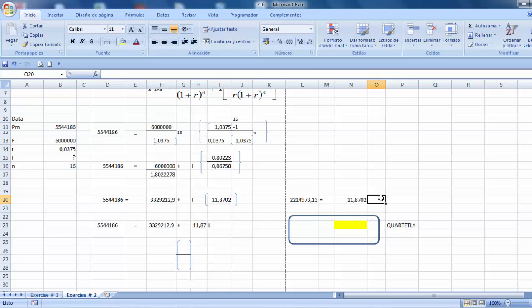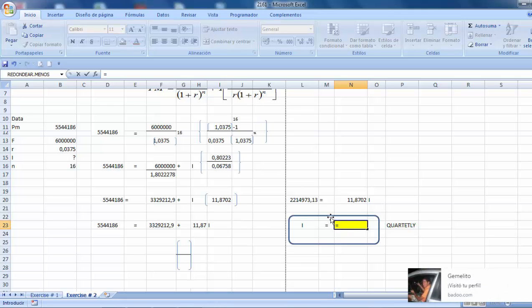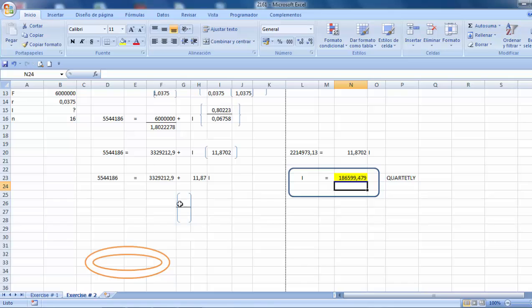We write it down. And that gives us the coupon value. So we continue clearing that because we want to know how much I is. So in this result, we finally use this value that we have highlighted in yellow.